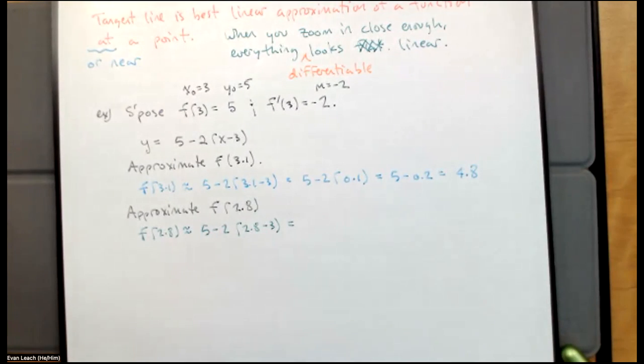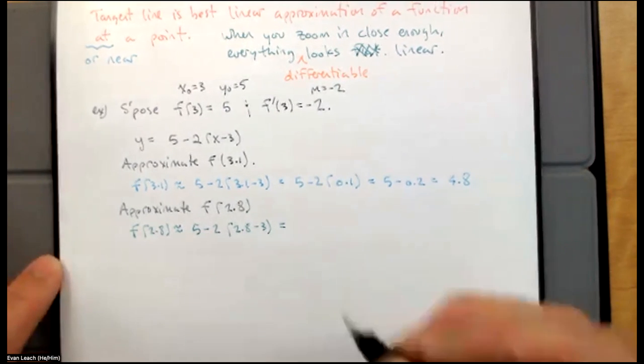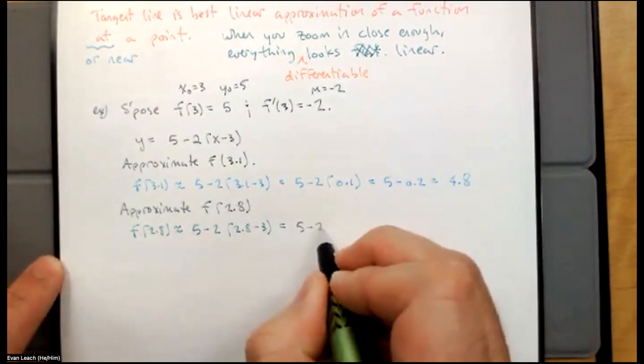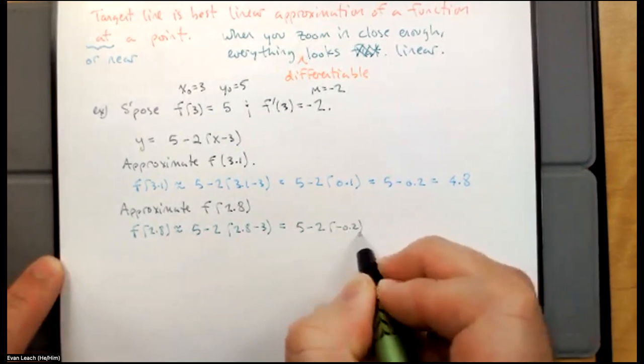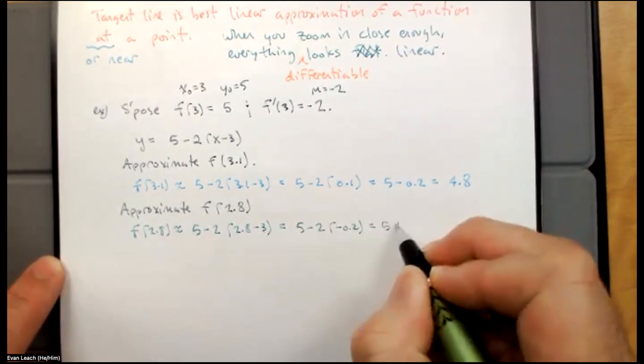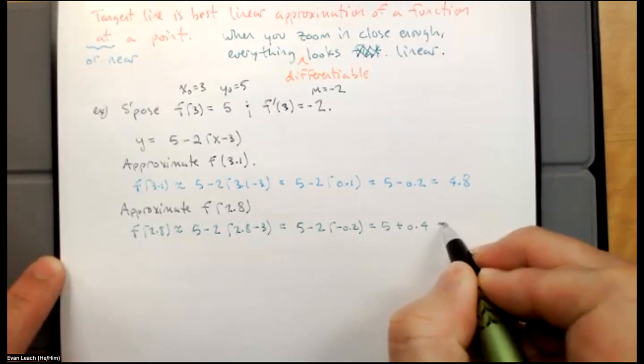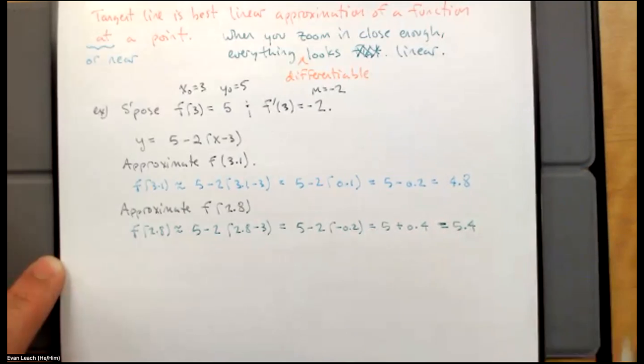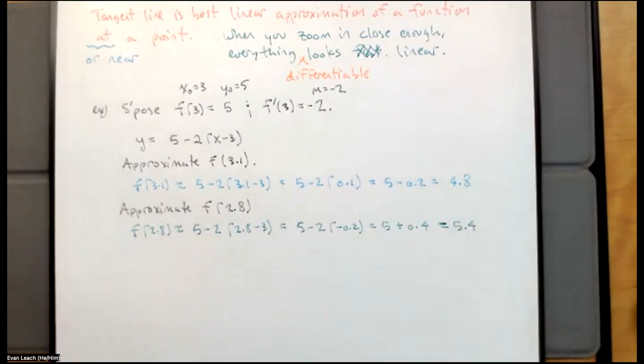In this case, our run is 0.2 or -0.2. So we should expect f of 2.8 to be approximately 5.4, because if x decreases by 0.2, y should increase by twice that, because our slope is -2.